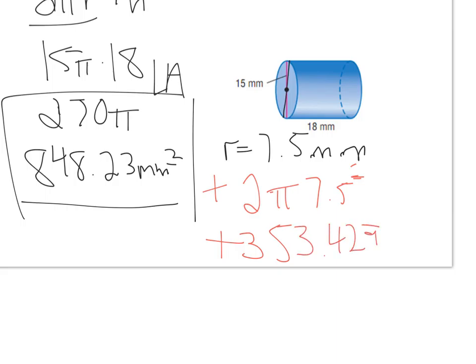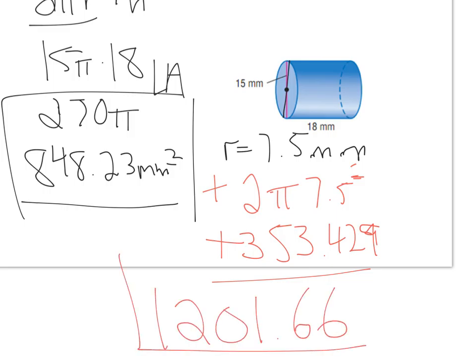But realize, this is just the bases. So I still need to add the 848.23 to my answer. My total surface area is going to be 1201.66. There is my final answer right there, surface area in millimeters squared.